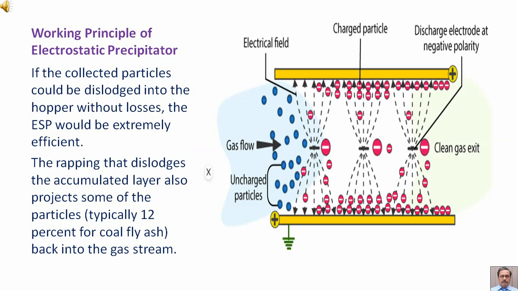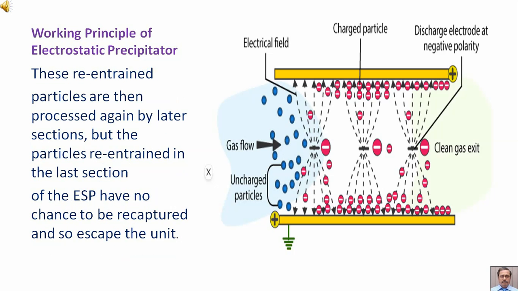If the collected particles could be dislodged into the hopper without losses, the ESP would be extremely efficient. The rapping that dislodges the accumulated layer also projects some of the particles, typically 12% for coal fly ash, back into the gas stream.